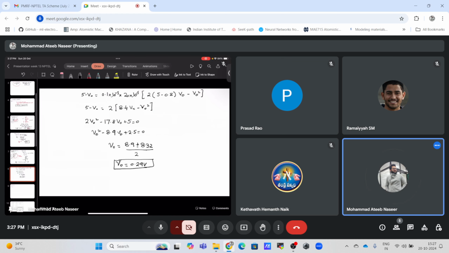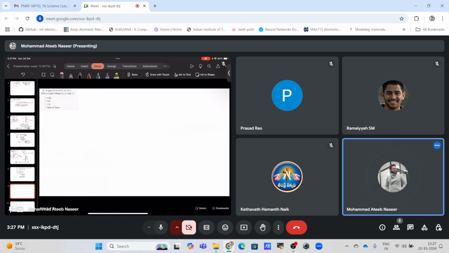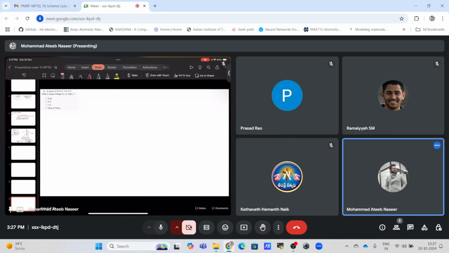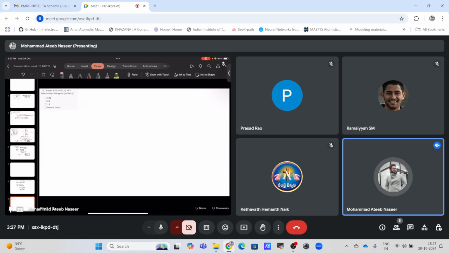Okay, now moving to the other problem, which is this question 4. If V1 is 0 volt and V2 is 5 volt, what is the output voltage?